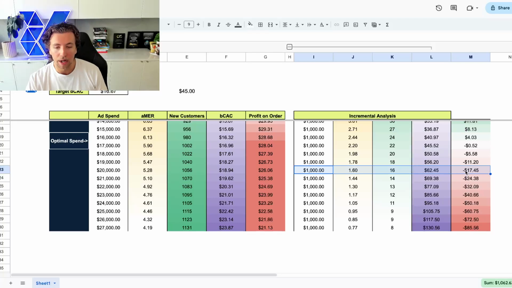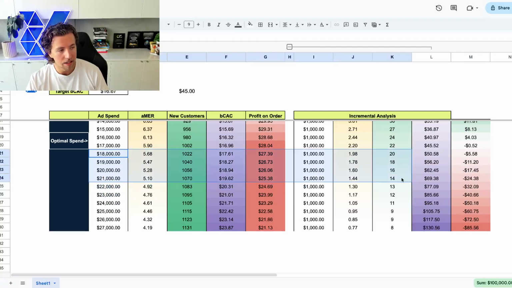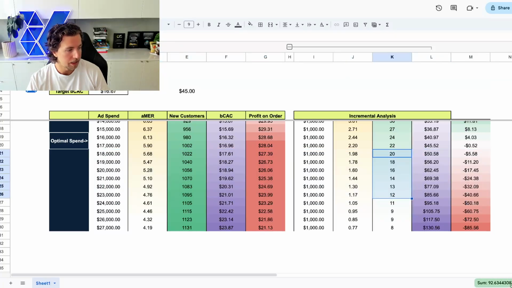But there are so many brands that I look at and I do this analysis on, particularly just during the preliminary audit stage. And I notice that these top $2,000, $3,000, $4,000 of spend is just acquiring customers. Yes, you're acquiring an extra, how many customers do you have here? 92 customers a month. But you're doing it and accumulating thousands and thousands of dollars of losses in the first-time customer P&L. And it's never going to be recouped in the returning customer P&L because you don't have strong enough lifetime value to be able to even repay this CAC.